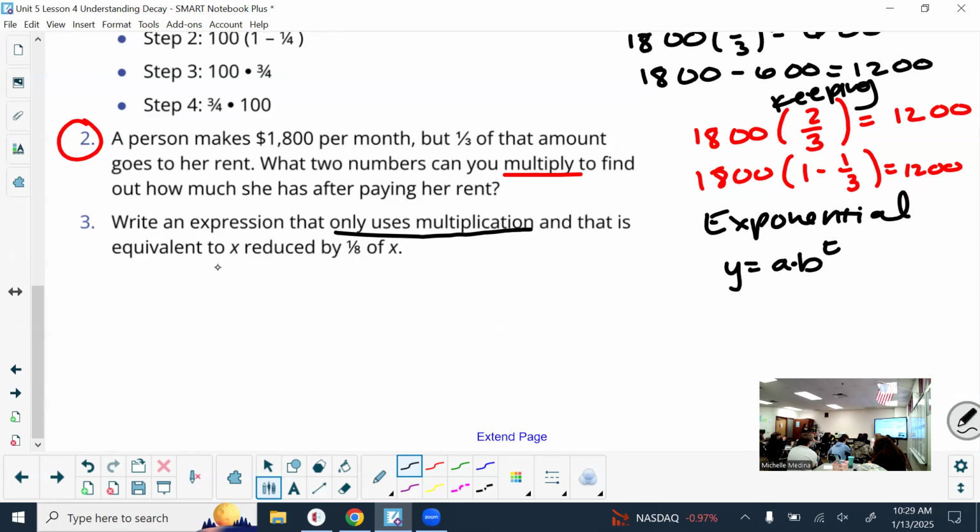But this one, we want something equivalent to x reduced by 1/8 of x. Does anyone think they have that answer? Or something that's equivalent to that, but only has multiplication in it.